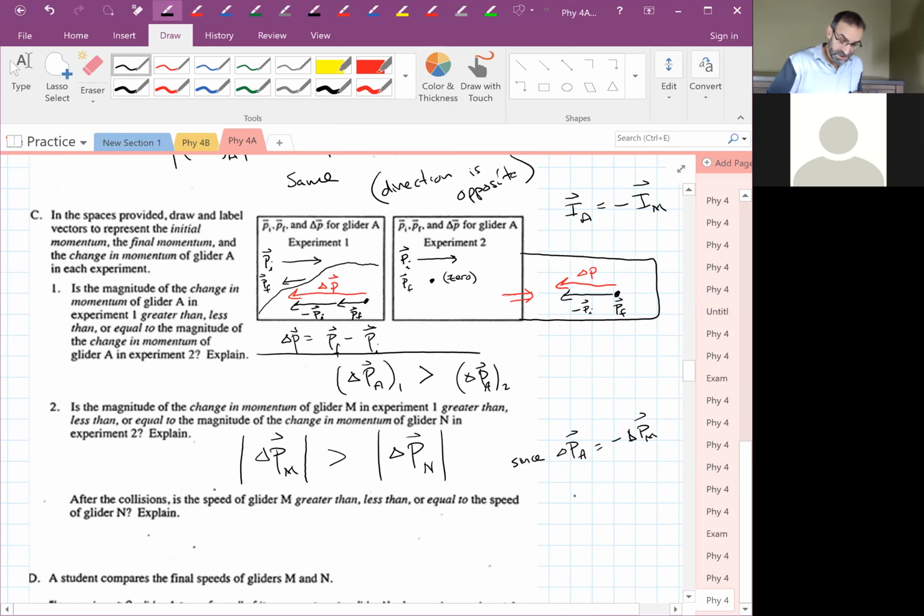And which has the greater speed? They both have the same mass. So the velocity of M is greater than the velocity of N.